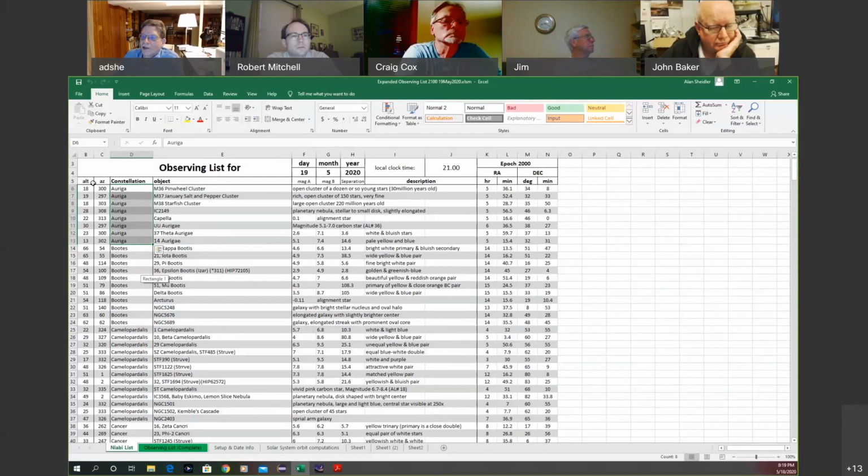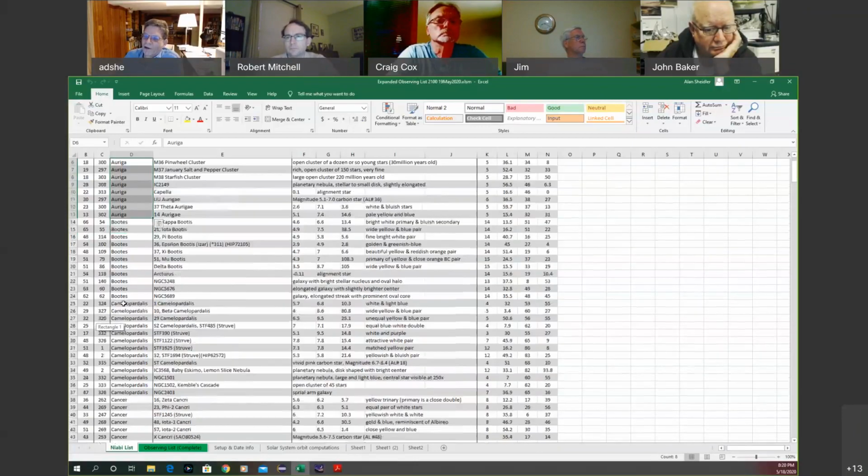It also shows you roughly where it is. If it's 54 degrees, less than 180, like Bootes here, it's in the east, and the altitude is fairly high. So that would be a good one to start looking at at 2100, because it's going to be up for a while.